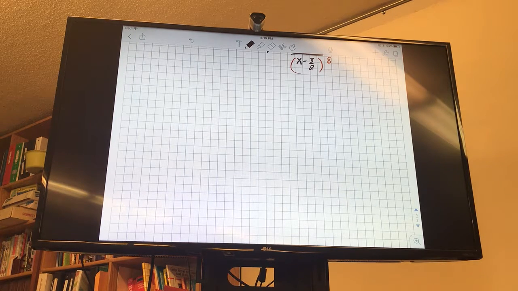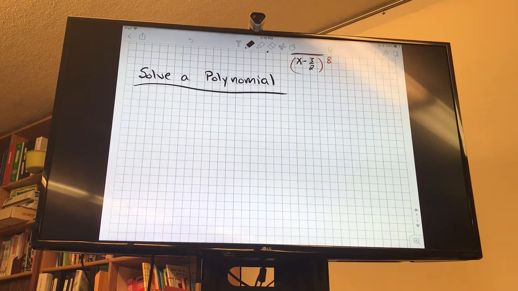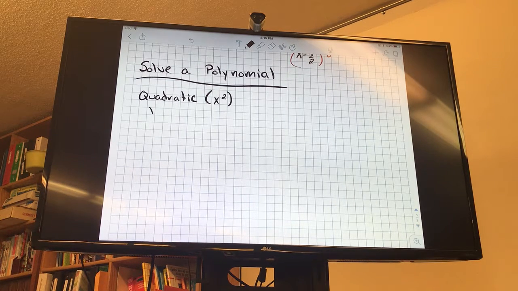Really, our only way of solving, if I need to solve a polynomial, we can solve it if it's quadratic, aka x squared is the biggest thing we've got, right? If it's quadratic, by completing the square or quadratic formula, do you guys remember that?